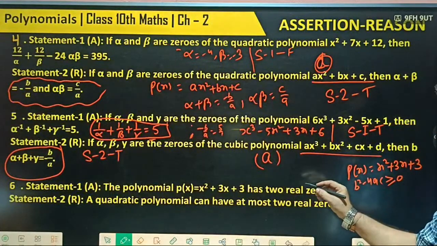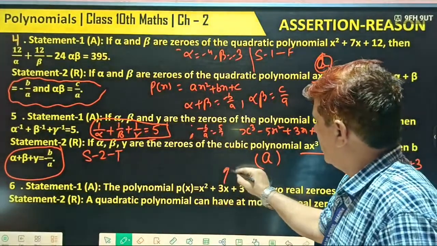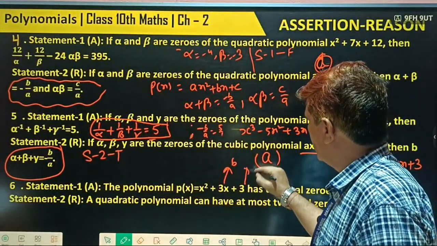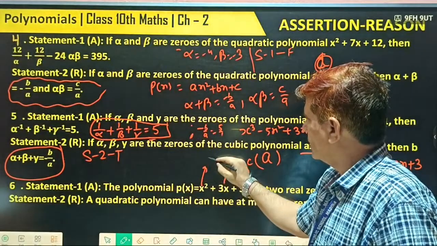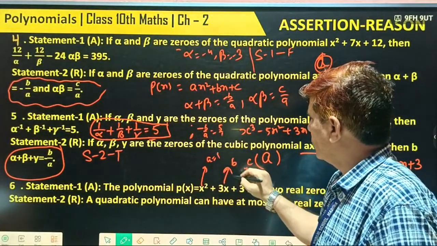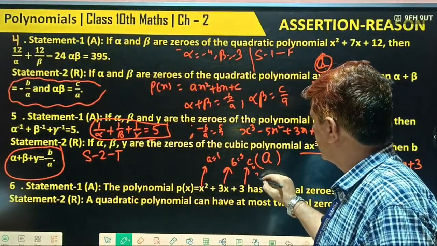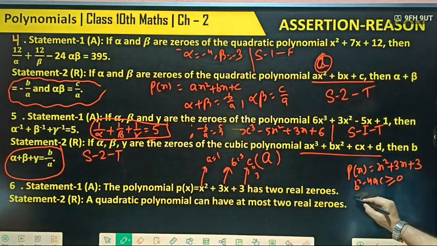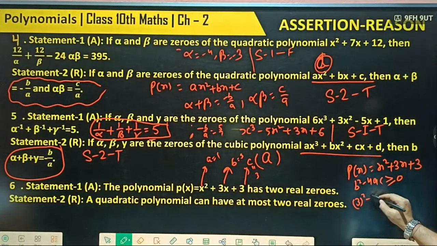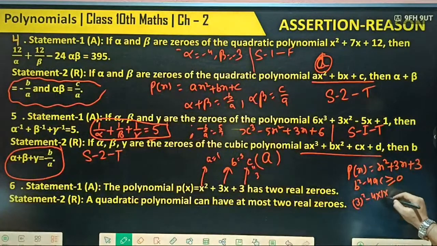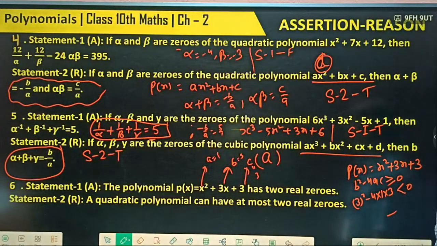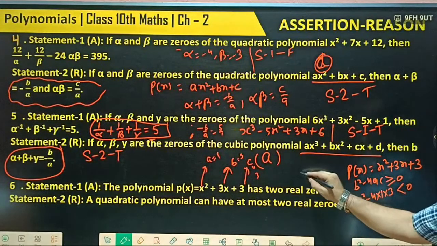Its coefficient a equal to 1, b equal to 3, and c equal to 3. So find b square minus 4ac: 3 square minus 4 into 1 into 3, definitely less than 0. Understood? So its roots are not real.